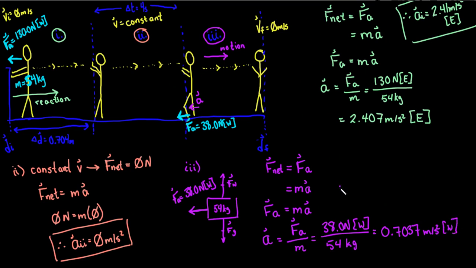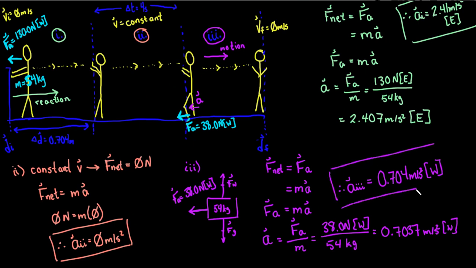So for our sig figs, it is 3. The acceleration during that third portion is going to be equal to 0.704 meters per second squared in the west direction. Okay, and that's part A.